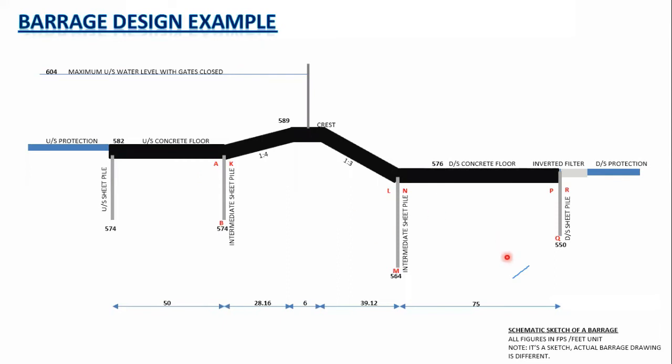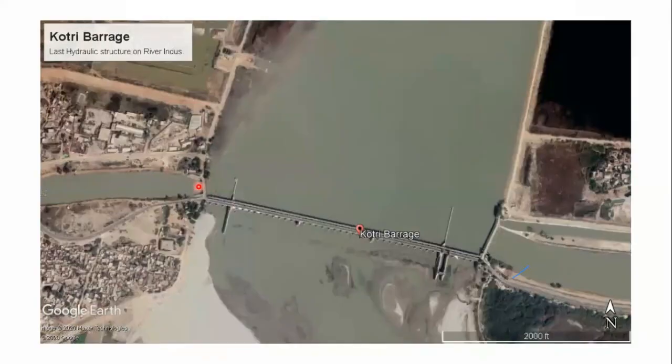The depth of these sheet piles will be decided in subsoil flow consideration. The thickness of the concrete floor will also be designed in the second part, in this subsurface flow consideration.